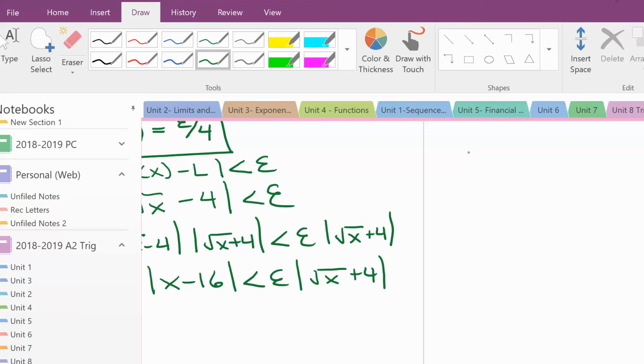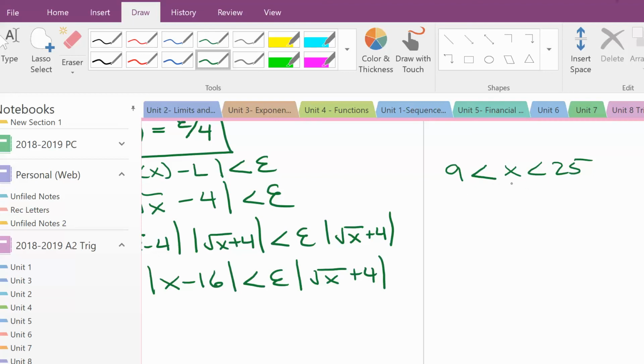The x values that are next to 16 as perfect squares are 9 and 25. So when we're talking about the square root of x, in this case, x is between 9 and 25. Those are the numbers that we're putting in to get close to the limit of 4.